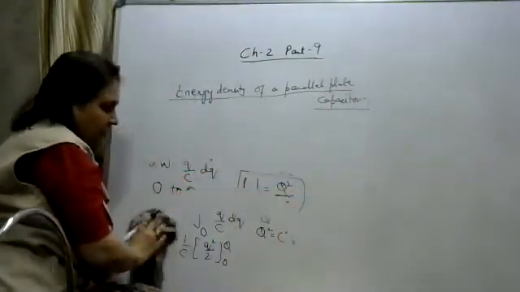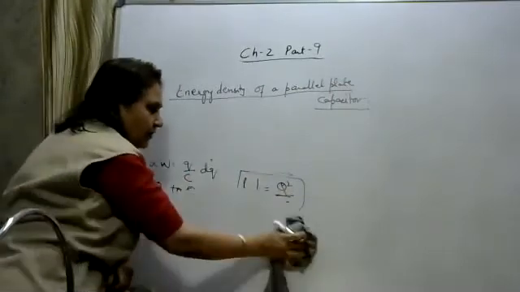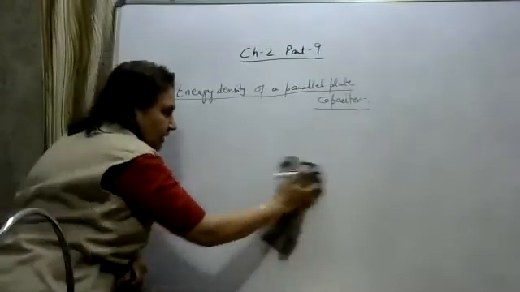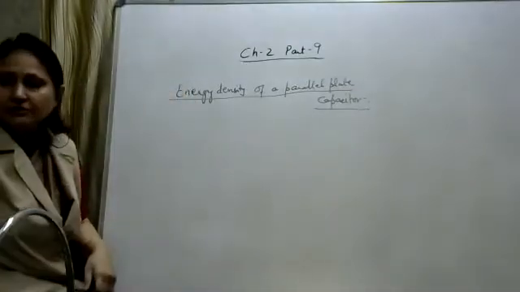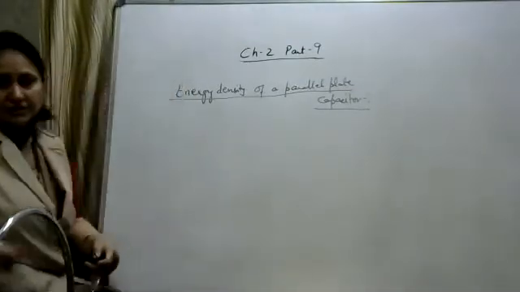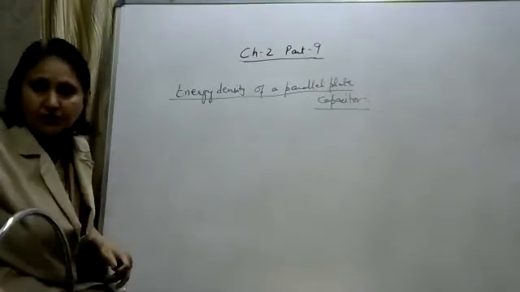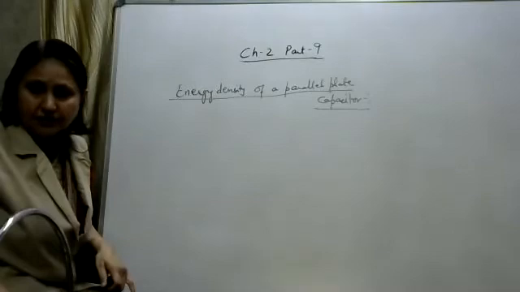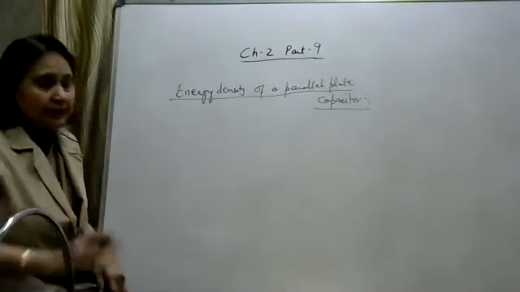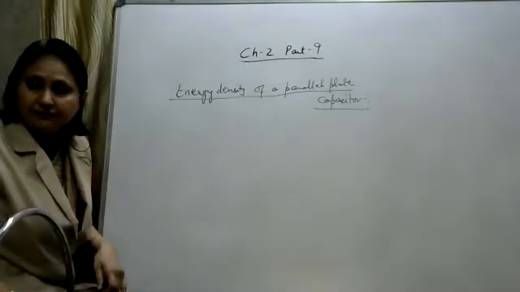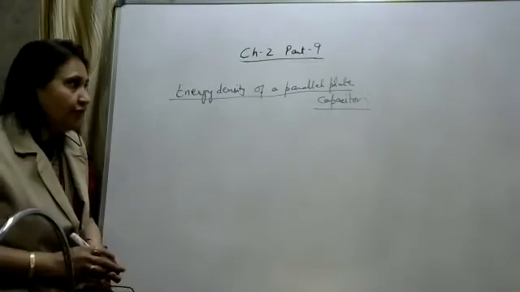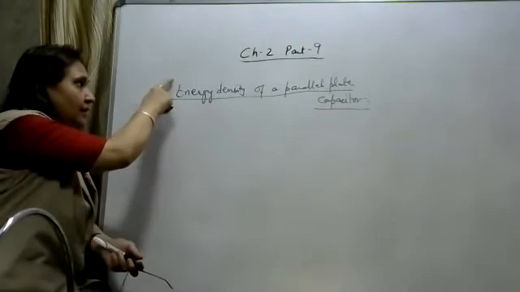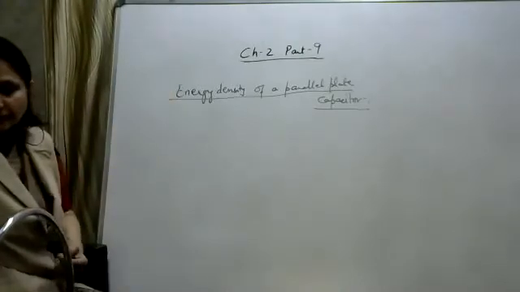Okay, now this is the general expression of the energy stored in a capacitor. Whether it is a spherical capacitor, cylindrical capacitor, or parallel plate capacitor, this is the general expression, half CV square, or Q square upon 2C, or half Q into V, that we can use. Now in a parallel plate capacitor, we have to find out the energy density. So first write down what we mean by energy density.